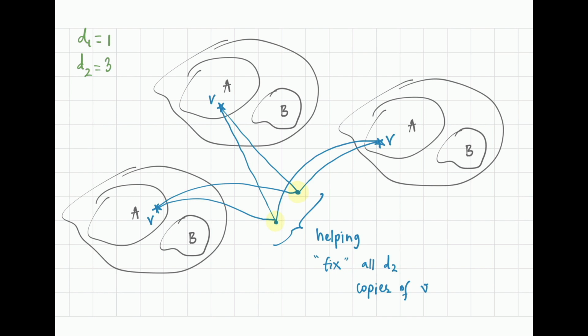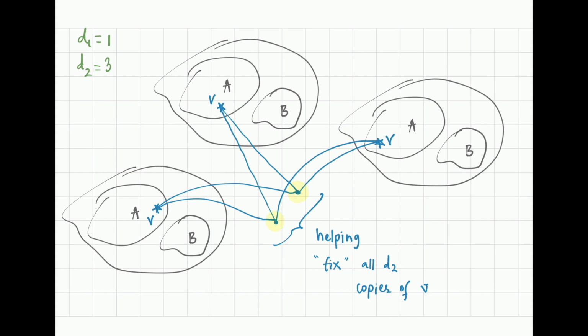And now what we have done is we have created 3 copies of the graph G, and when you look at the vertex V, the vertex that's been highlighted from the first copy, you look at the same vertex in the other copies, we are going to have these copies of V use the same helper vertices to get their degrees fixed as well.